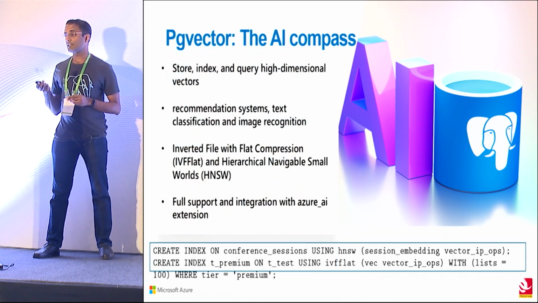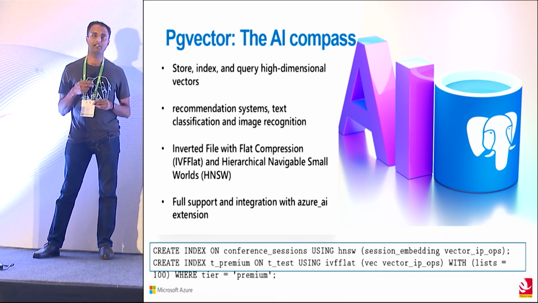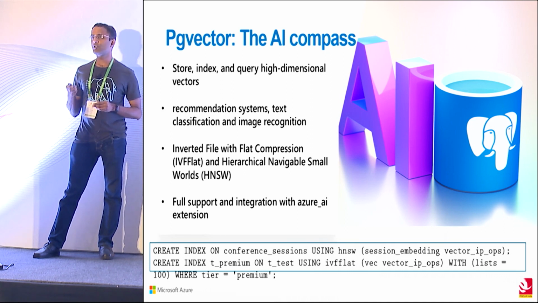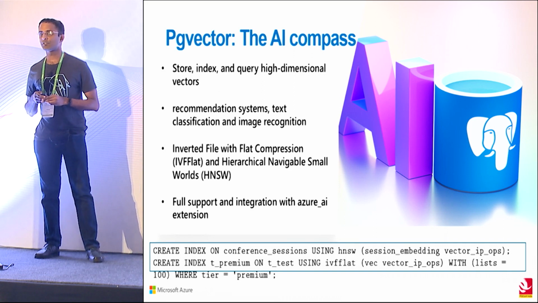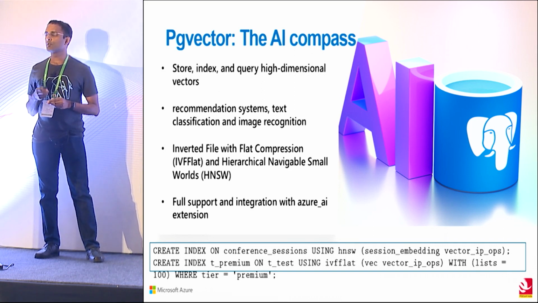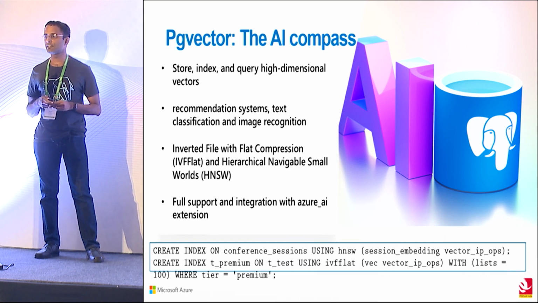Finally, I would touch upon pgvector. As you know, AI is the new buzzword, and a lot of AI apps are being built, and we need data to power these apps. How would you power these apps from PostgreSQL? This is where pgvector comes in, and pgvector is used to store, index, and query high-dimensional vector data. This in turn is used to drive recommendation systems, text classification, NLP systems, and also image recognition engines.